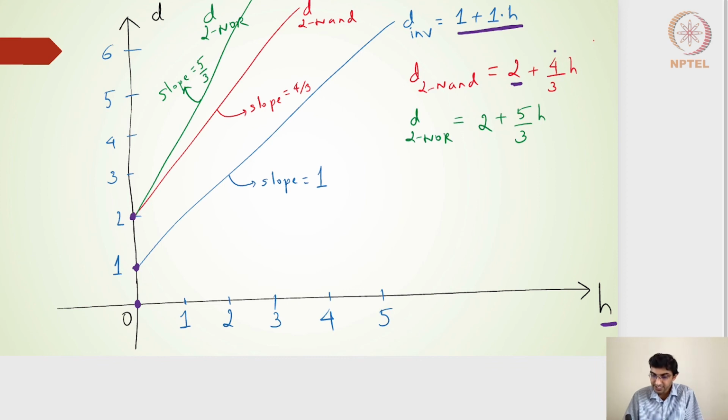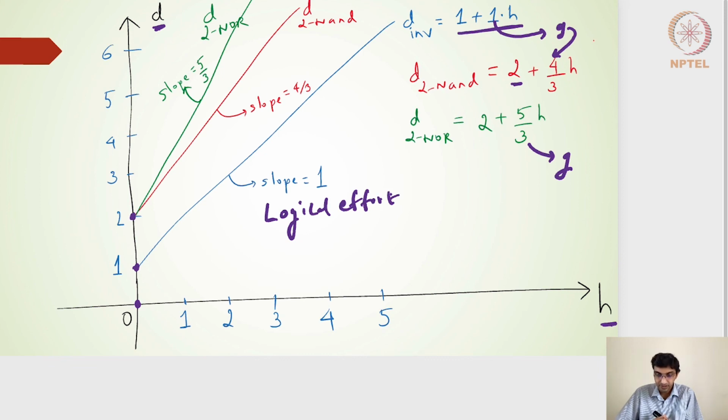Remember that the G value here, the G value here, the G value here, and of course the G value here, is nothing but the slope of this particular linear delay profile. The linear delay with respect to H, if I draw, the slope will be nothing but the logical effort. So this slope represents the logical effort. All right.